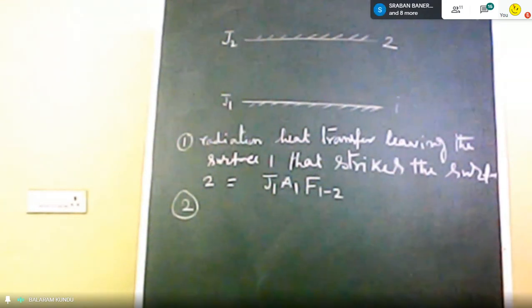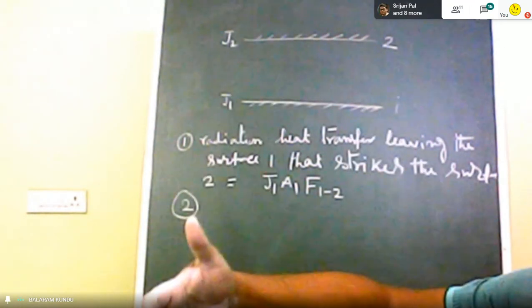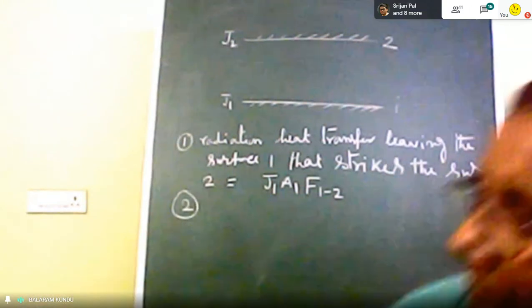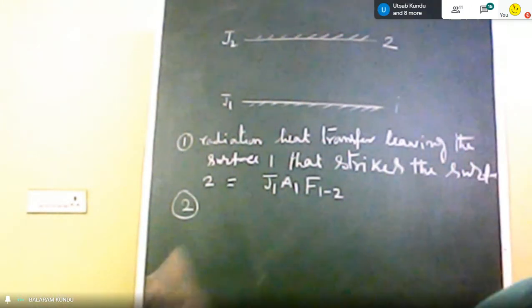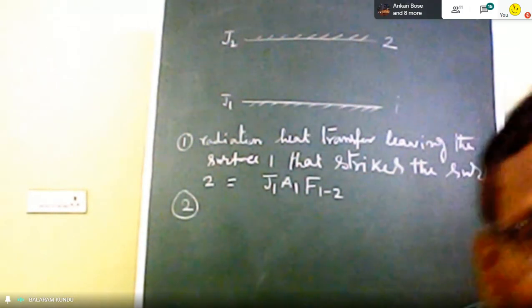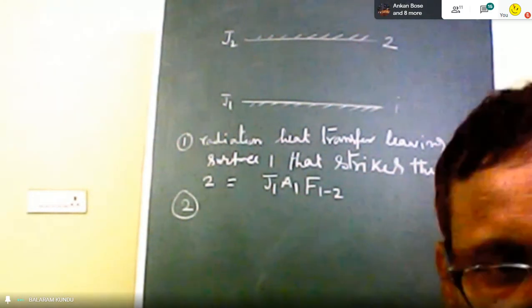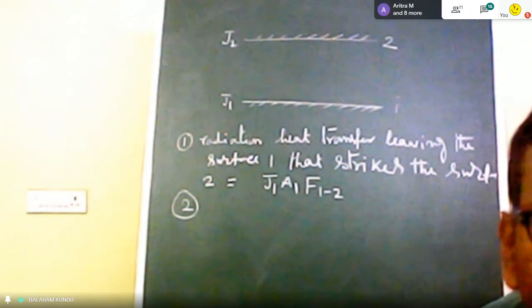Now, how much energy is emitted from surface 1? The amount of radiation energy leaving surface 1 is equal to A1 into J1, because radiosity is the total energy leaving the surface, so it equals area into radiosity.